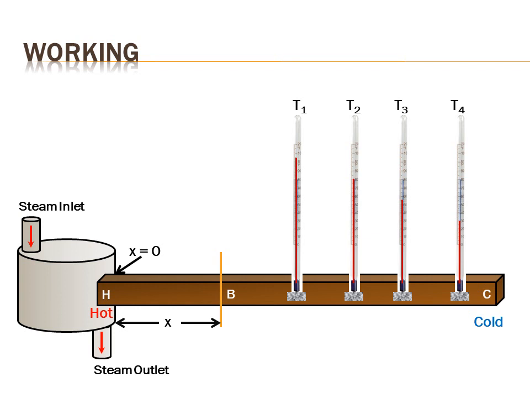Similarly, the temperatures measured at T3 and T4 are comparatively smaller. The distance or position of the thermometers T1, T2, T3 and T4 are measured from the origin at x equal to 0. There is a screen present at B to thermally insulate the portion of the rod BC from the rest of the experimental setup.